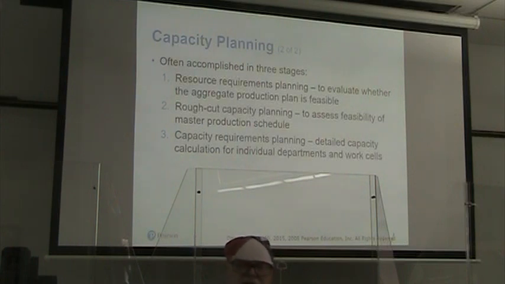So we have 3 stages of capacity planning. First is the resource requirements planning. We are going to evaluate there whether the aggregate production plan is feasible. Our second stage is our rough cut capacity planning, so that we assess the feasibility of our master production schedule.